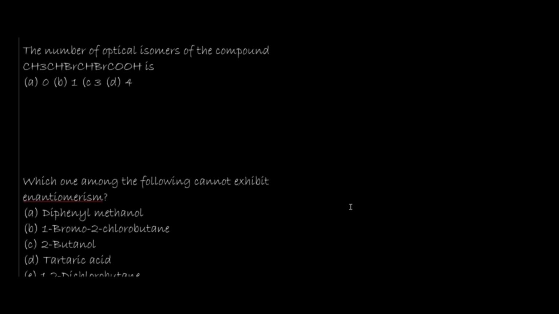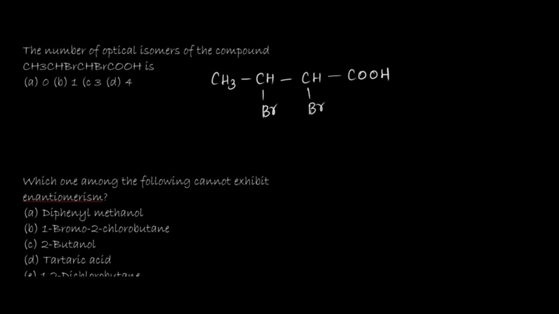Then number of optical isomers of the compound CH3, CHBr, CHBr, COOH. So how many optical isomers is this compound having? Obviously this is not having any meso compound.